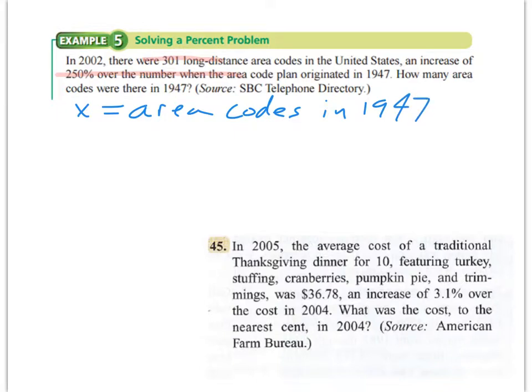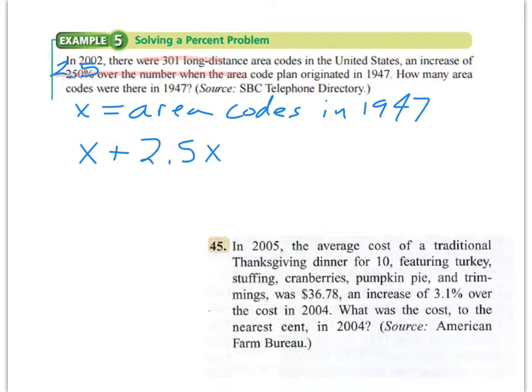Now, there's a couple different ways to think about this. I'm just going to present one here. So the 301 was an increase of 250% over the number when the area code plan originated in 1947. So we'd have the original number plus 250%. Now 250% is really 2.5 times, would be 2.5.